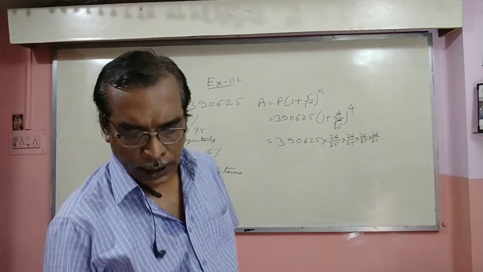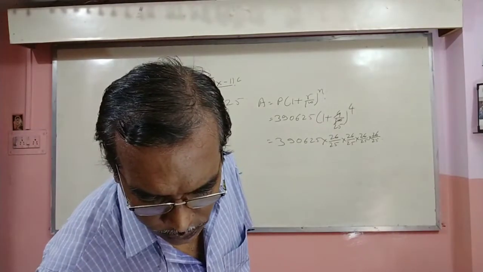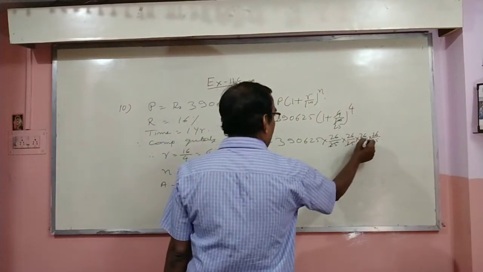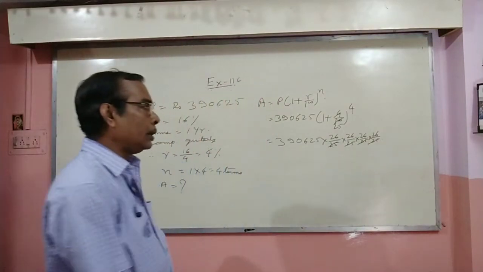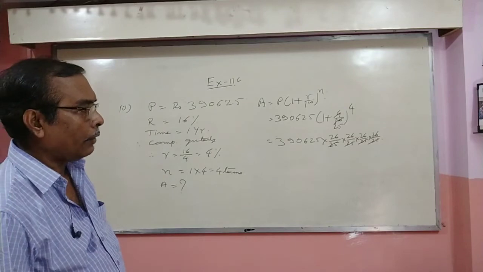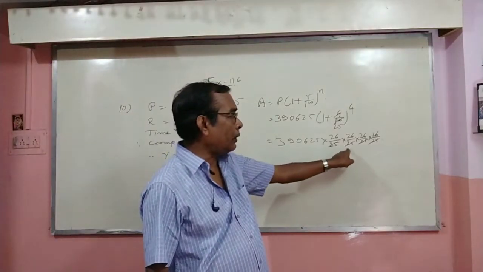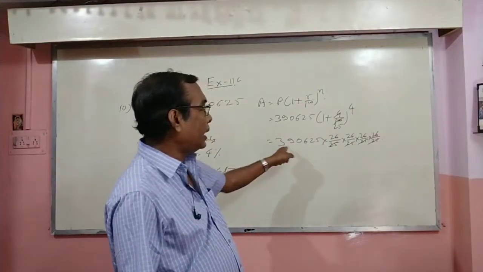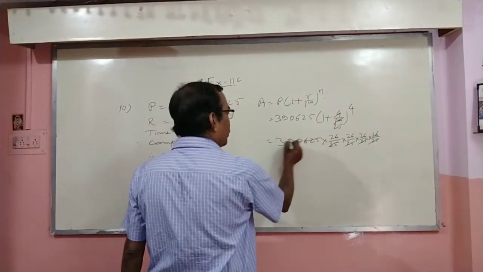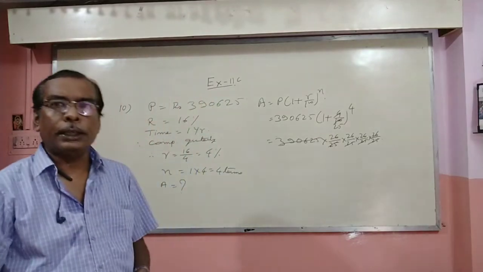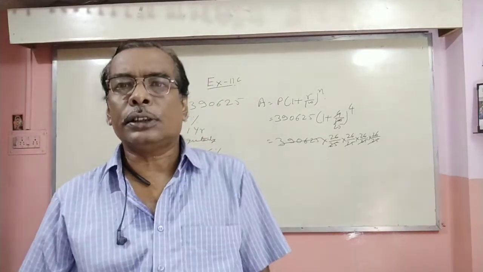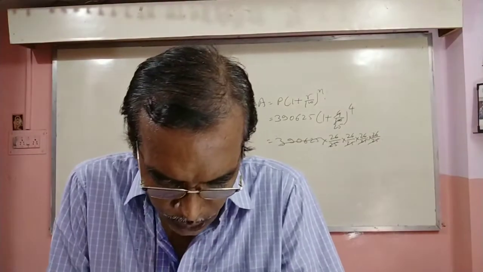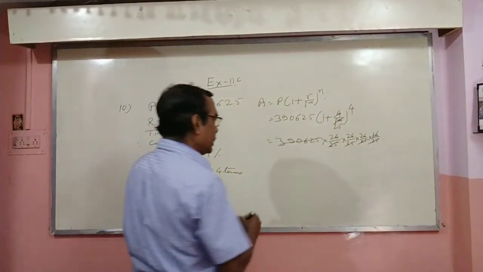Now the calculations part. What you will find is that if we multiply all these 25s, 4 times 25, 25 into 25 is 625, and 625 and 625 you will multiply, then 3,90,625, everything will cancel. Obviously, because I have taken this calculation, that's why I am quite easily saying that the answer should come. So what is finally left out?